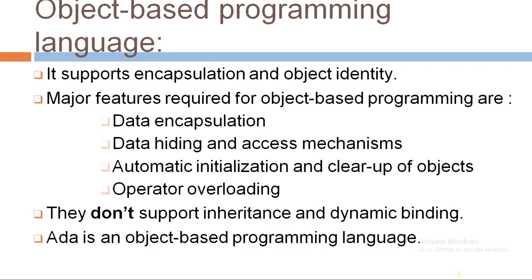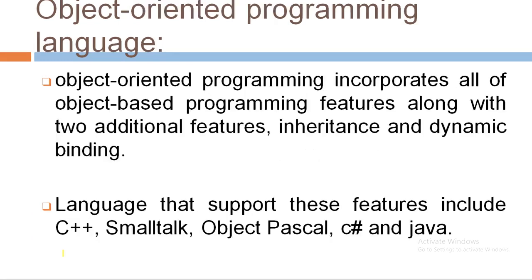The major features provided by object-based programming languages are data encapsulation, data hiding, data access mechanism, automatic initialization and clean-up of objects, and operator overloading. But they don't support inheritance and dynamic binding. An example of an object-based programming language is Ada.